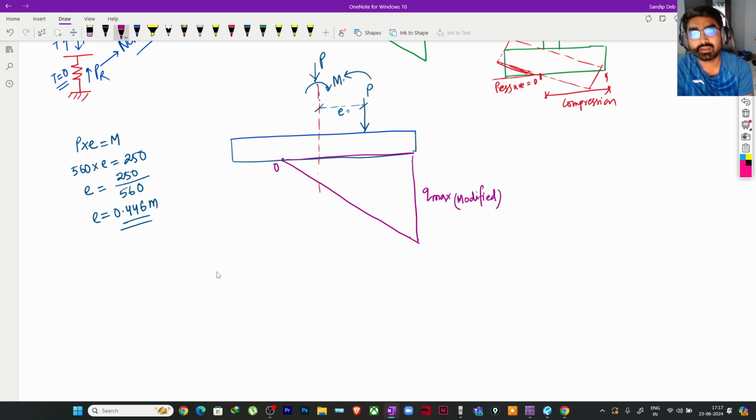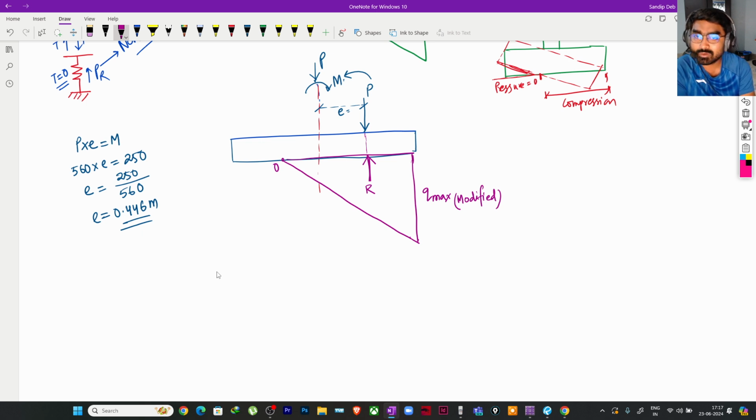We all know that the total force from this triangle will act at the centroid of this triangle. So this is the reaction, or force, from this triangle, and it will obviously be collinear to this P, and equal to the load that we are applying.